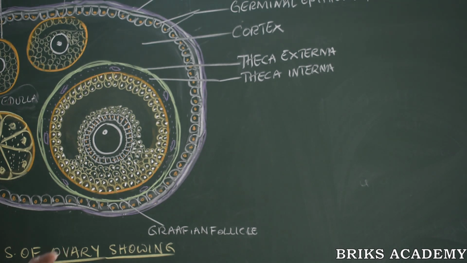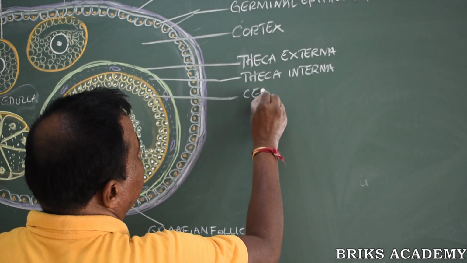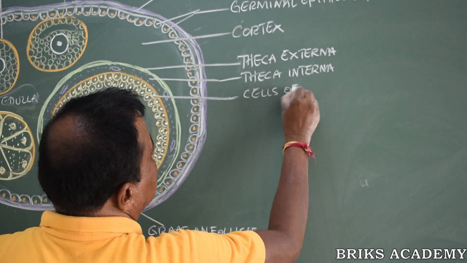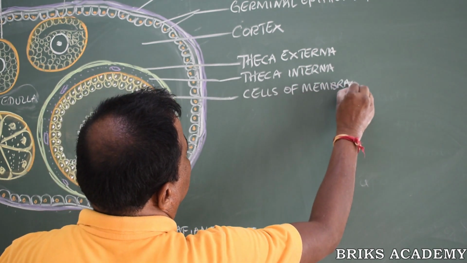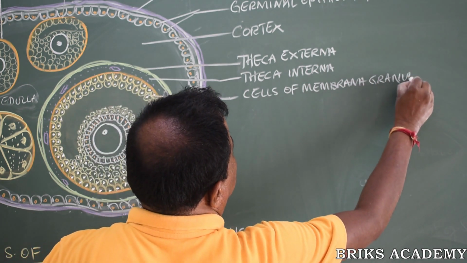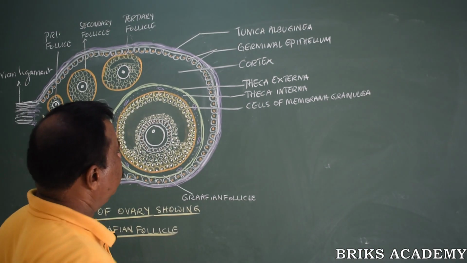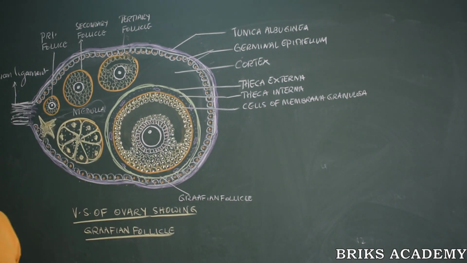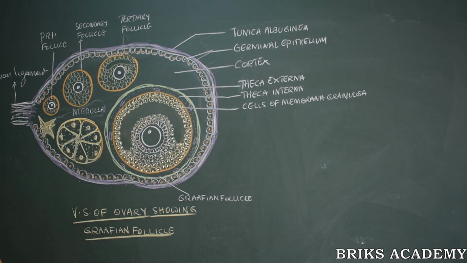Below theca interna there are cells of the membrana granulosa. There are about 14 to 20 layers of cells, but I have mentioned only 2 layers.